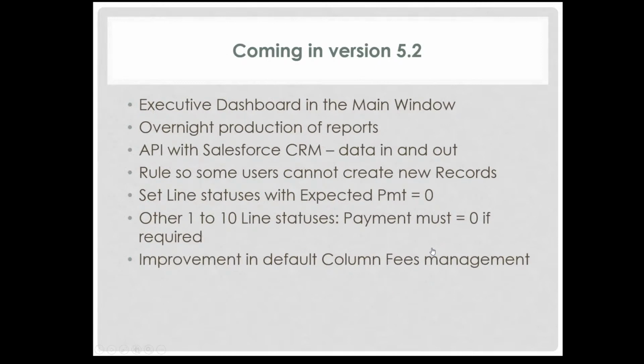Finally, what's coming up in version 5.2: there'll be a cool executive dashboard in the main window where you see some fundamental information very quickly. How many loans I did last week, how many loans I did last year, what's coming up, all these kinds of nice little graphics. It's kind of fun. You'll be able to do overnight production of reports.